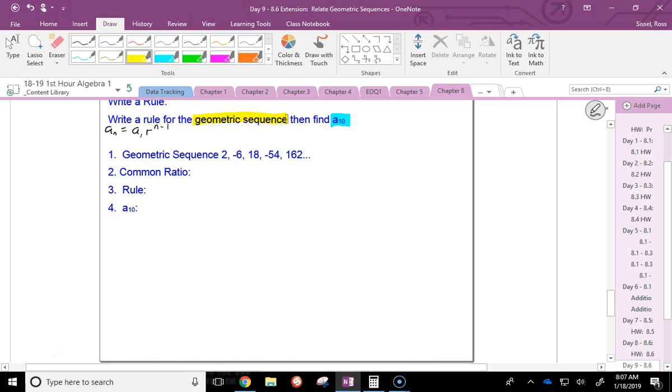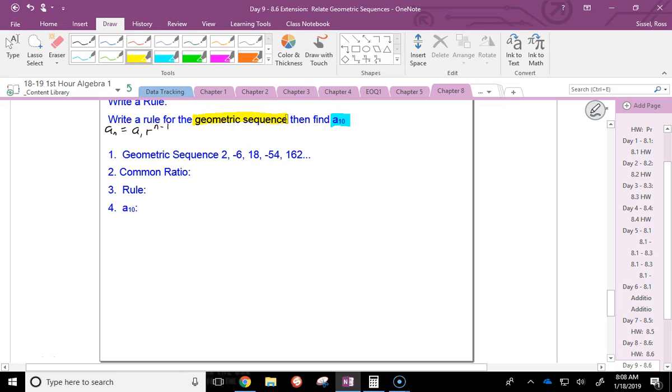Remember, a sub n equals a sub 1, whatever your first term is, times your r with the exponent of the term minus 1. So it's a lot there. Here's our geometric sequence: 2, -6, 18, -54, 162.